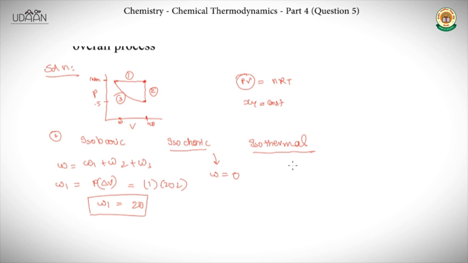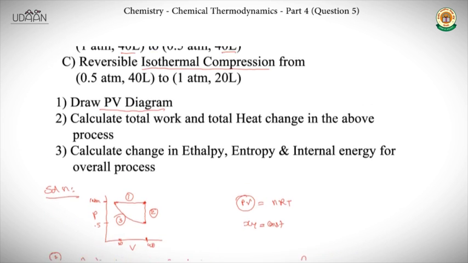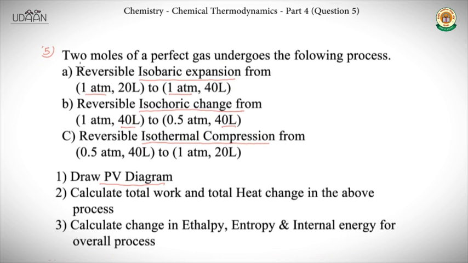And in the third case, isothermal process, we have a formula: nRT ln V2 by V1. This is W3. Here in our question they gave 2 moles, but we don't know the temperature.